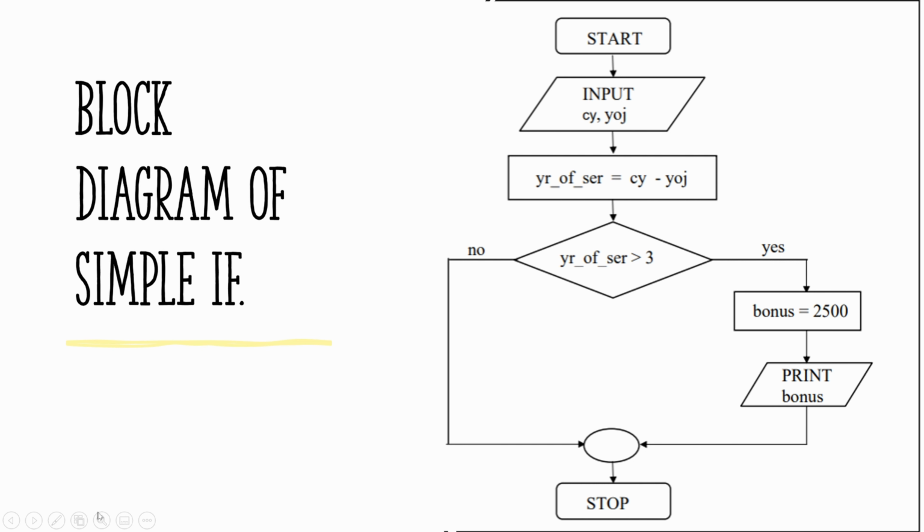If the condition is true, then the true statements will be executed. If the condition is false, then no statements are executed. The statements after the if block are executed, and the control exits the block, right?